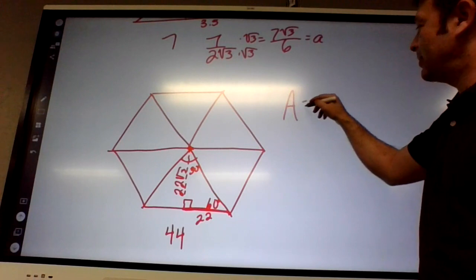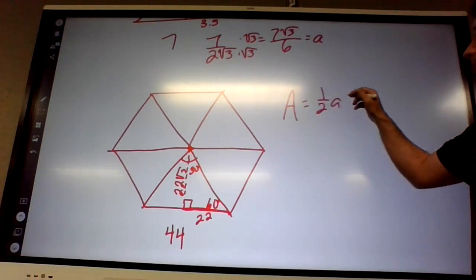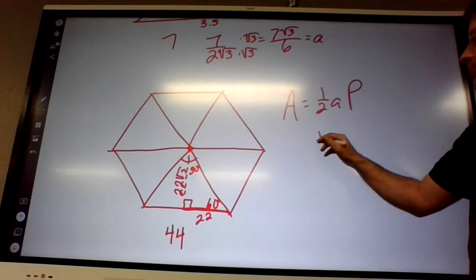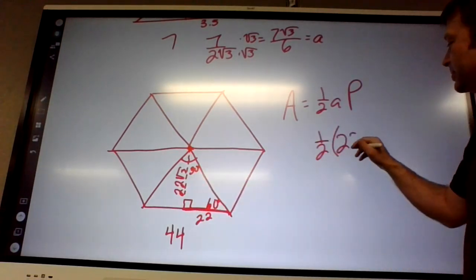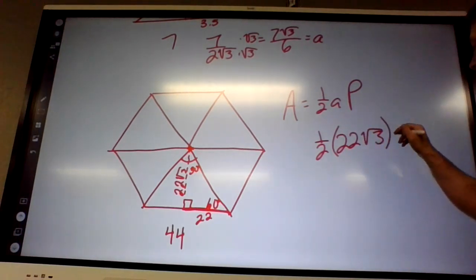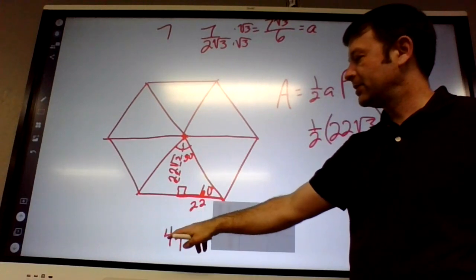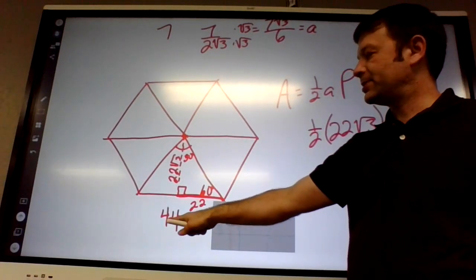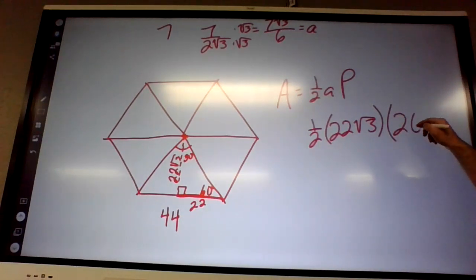So, how do we find area again? 1/2 apothem perimeter. So it's 1/2 times apothem, 22 square root of 3, times perimeter. How would we find that? 44 times 6, which would be like 240 plus 24, 264.